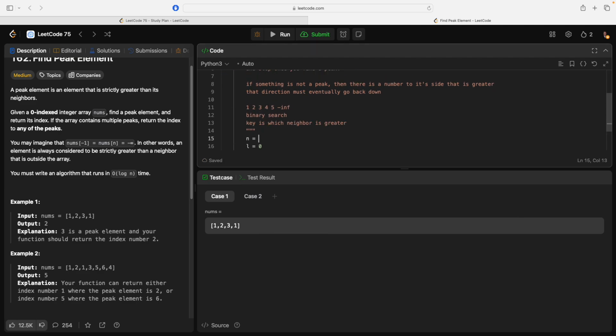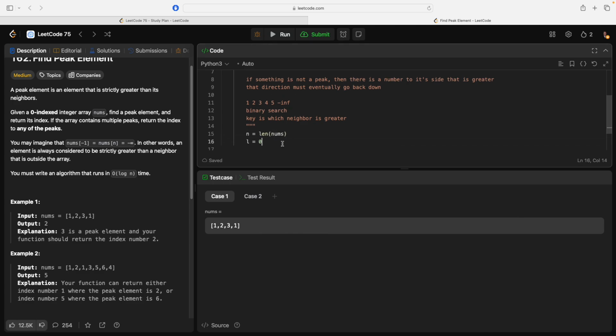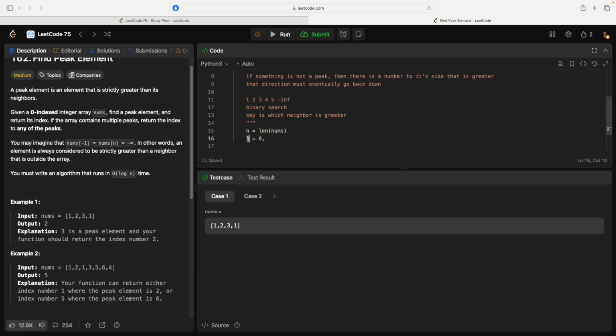So n equals length of nums. We'll say L equals 0, R equals length of nums. Do you want to do length of nums minus 1?